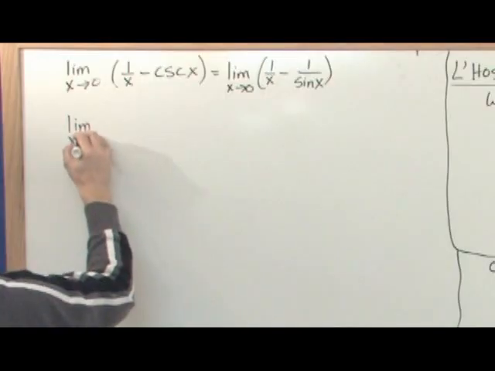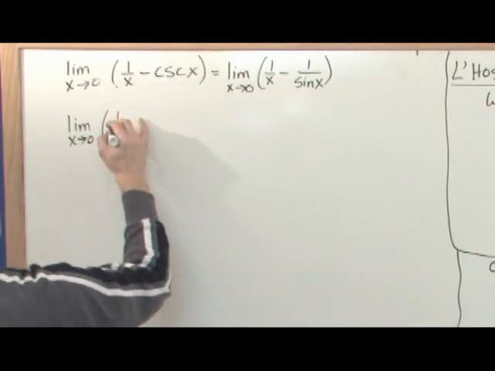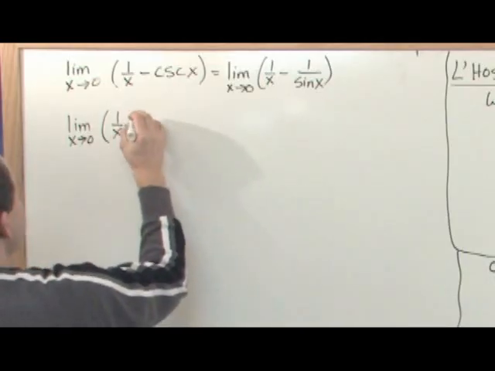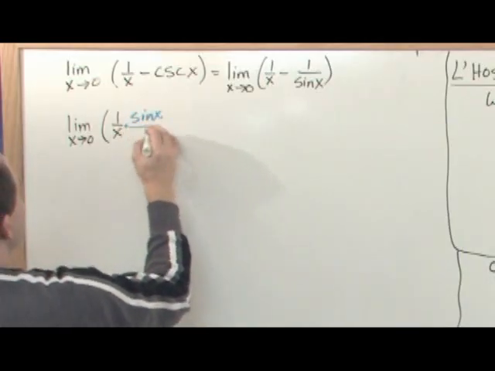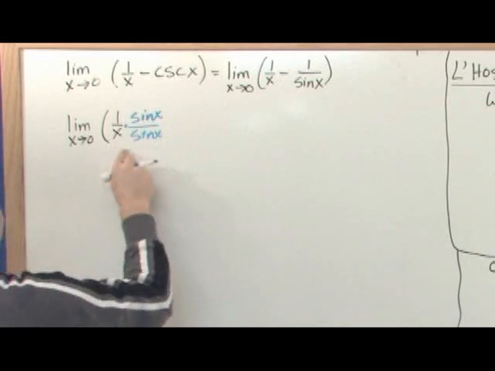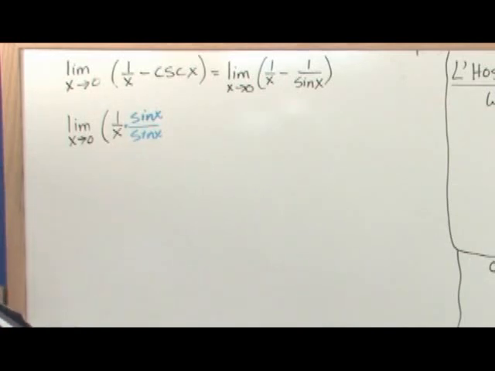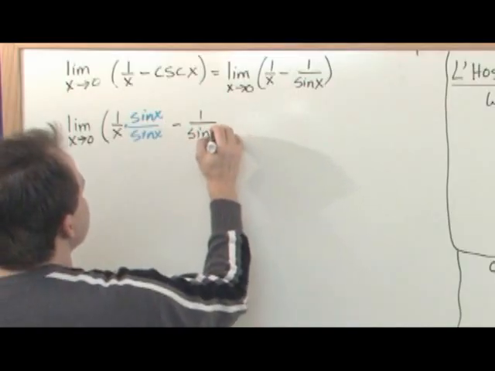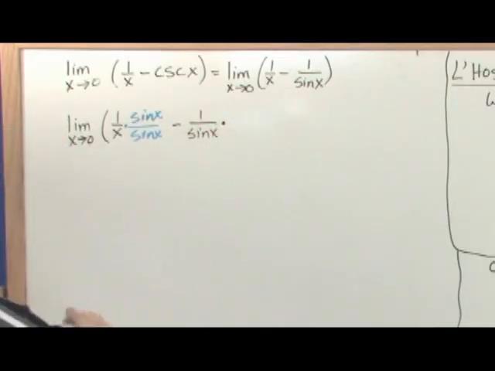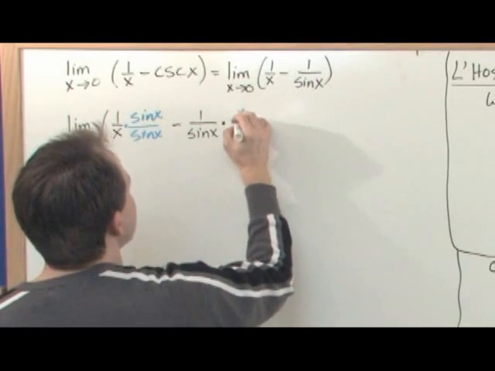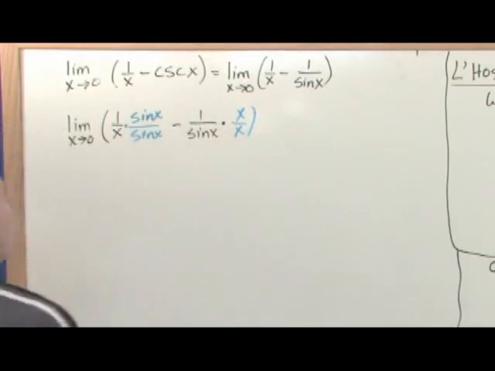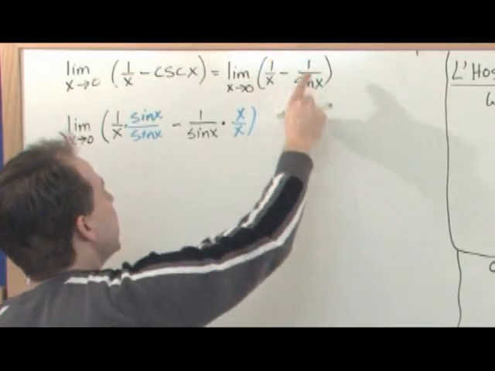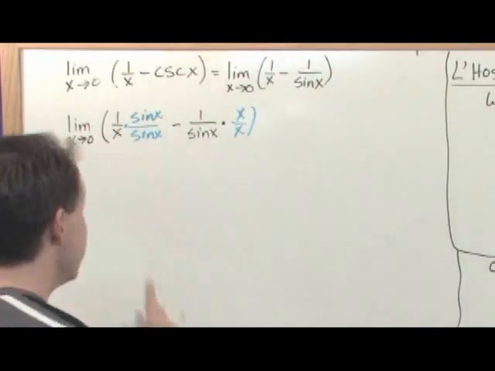Limit as x goes to 0 of 1 over x, and I'm going to multiply this fraction by sine of x over sine of x. I have changed nothing. I've multiplied by 1. And then the other fraction, which is 1 over sine of x, I'm going to multiply that one by x over x. Again, multiplying by 1, I haven't changed anything. So the first fraction you multiply by sine over sine, and the second fraction you multiply by x over x.